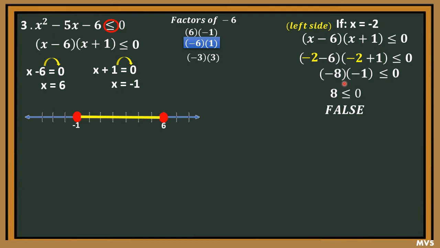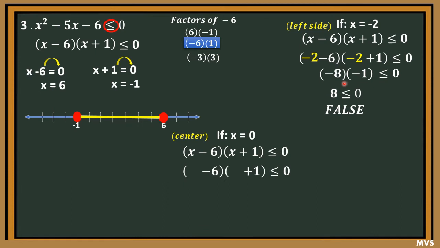Let's go to the center. I'll choose 0. And then let's have here the factor form. x minus 6 and x plus 1 is less than or equal to 0. By substitution, we'll have now x is 0.